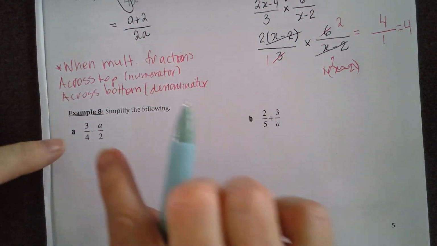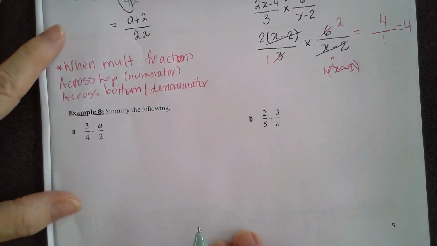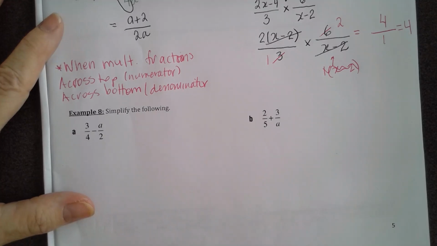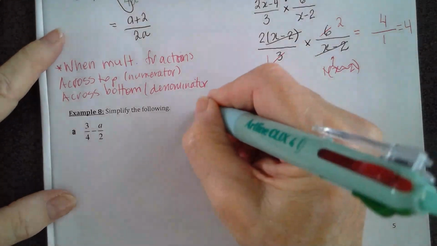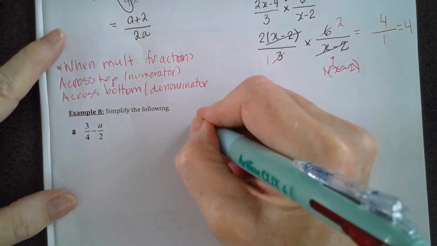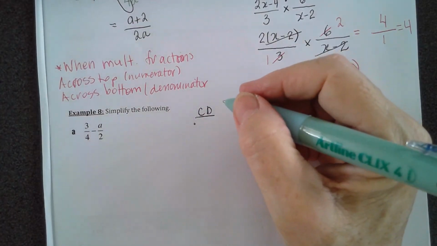I need a common denominator. Here's how you work with common denominators. I'm going to make a little note right here in between these two. The first thing I do is I look to see if one goes into the other.